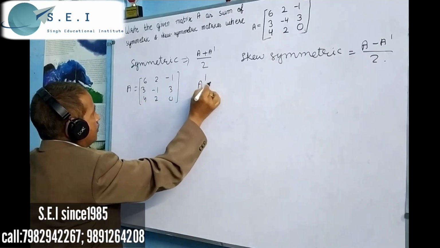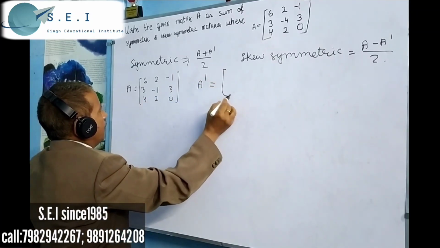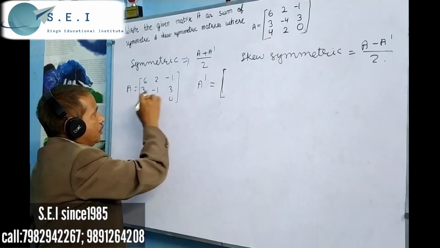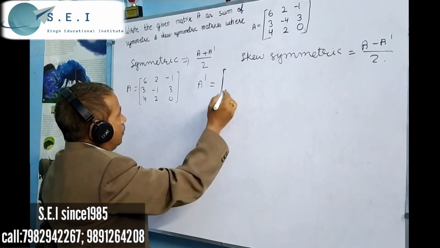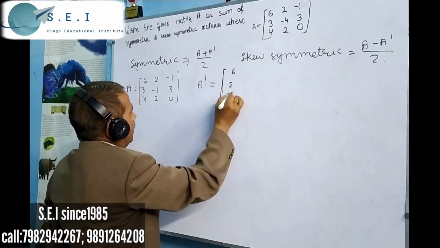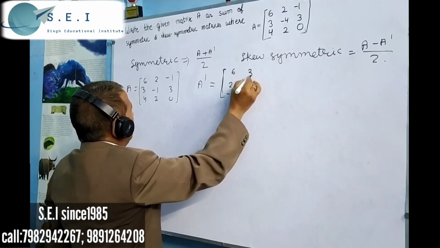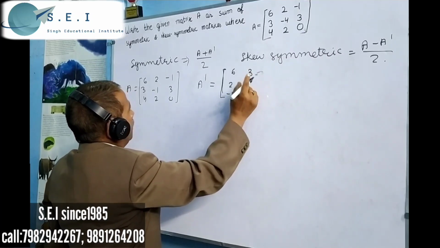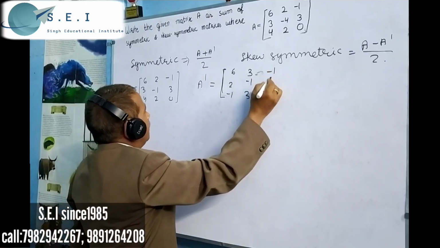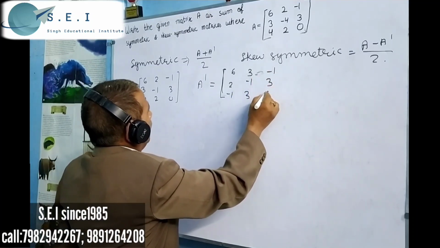Therefore, A transpose is equal to 6, 2, negative 1, 3, negative 1, 3, 4, 2, and 0.